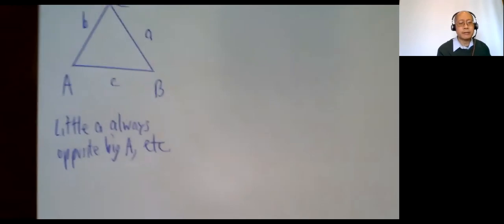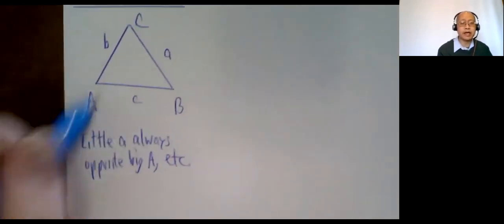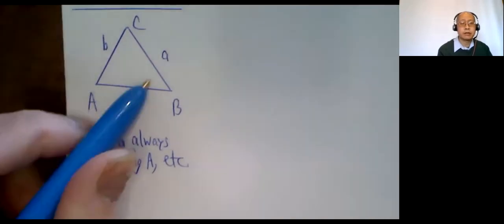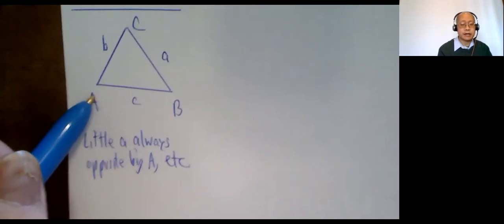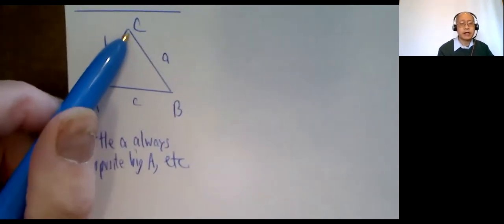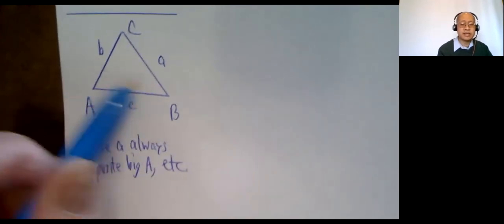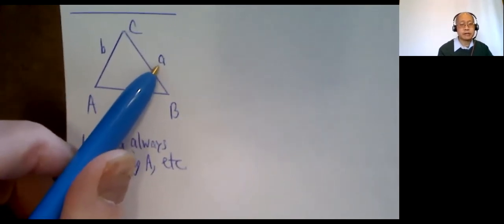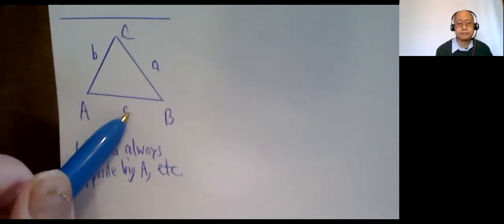Meaning little b opposite big B, little c opposite big C. Okay, so capital letters for the angles and little letters for the sides. So we say angle A is, I don't know, 57 degrees, and that is 43 degrees, and this is 90 degrees or whatever. And the sides are a is 10, b is 13, and c is 17 or something like that, okay?